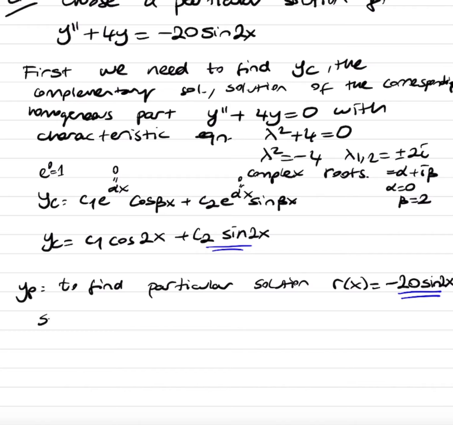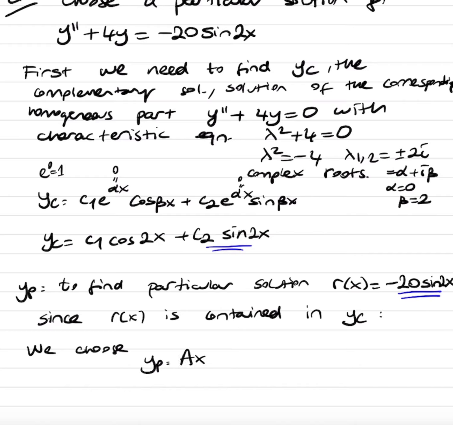Our guess would be a times sine 2x plus b times cosine 2x, but since r of x is contained in y complementary, we choose y particular as ax sine 2x plus, since sine comes with cosine, bx times cosine 2x.